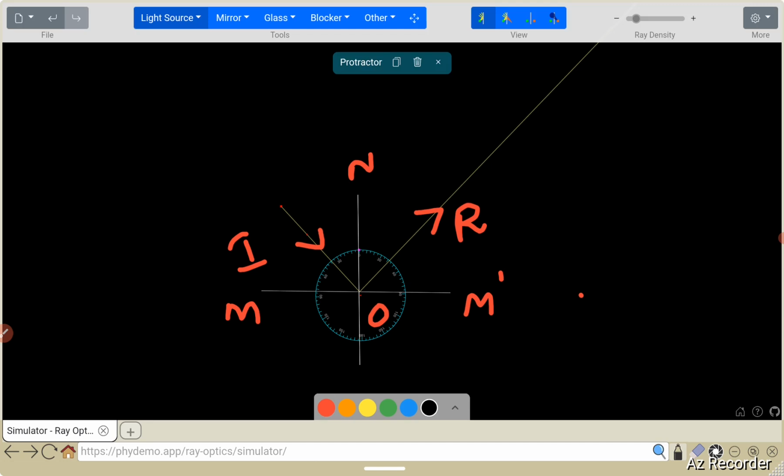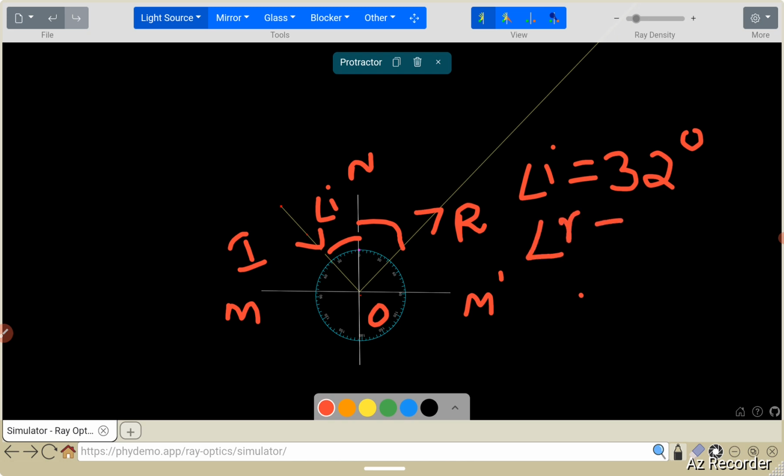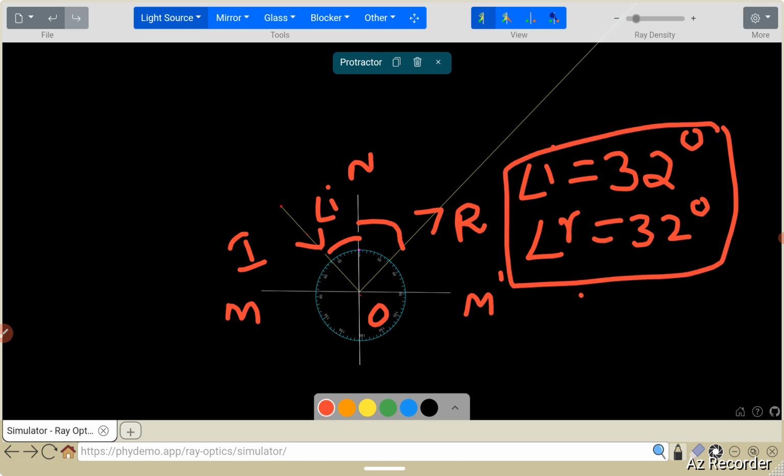So here the angle of incidence is showing angle I is equal to 32 degrees, and the angle of reflection is also showing angle R is equal to 32 degrees. So with this you will understand that the angle of incidence is always equal to the angle of reflection.